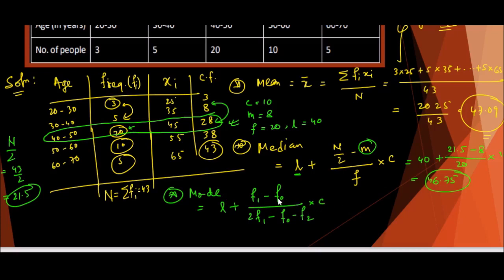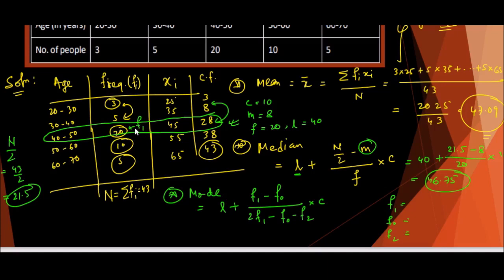Okay, now what is F0, F1, F2, already you know. So what is F1, what is F0, and what is F2? F1 value means this one, the value in the modal class.